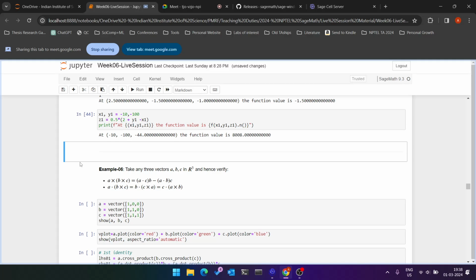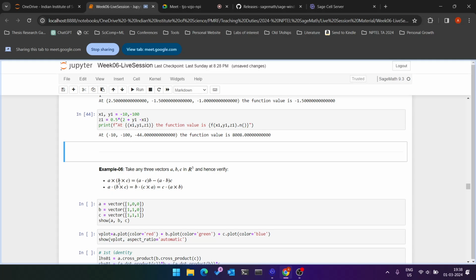So the next set of problems is on vectors in SageMath. Here in this example, we are asked to take any three vectors A, B, and C in R cube and verify the following statements.